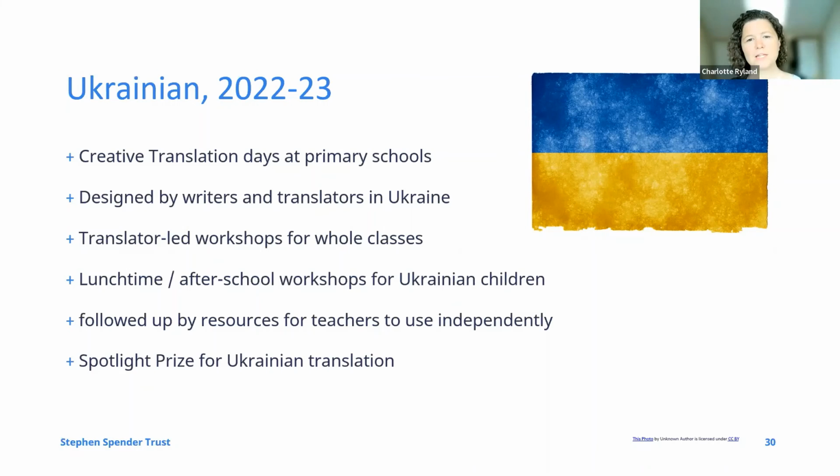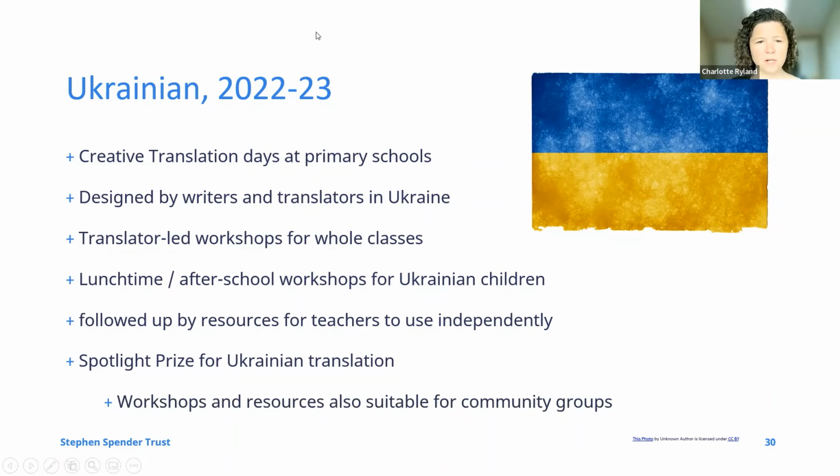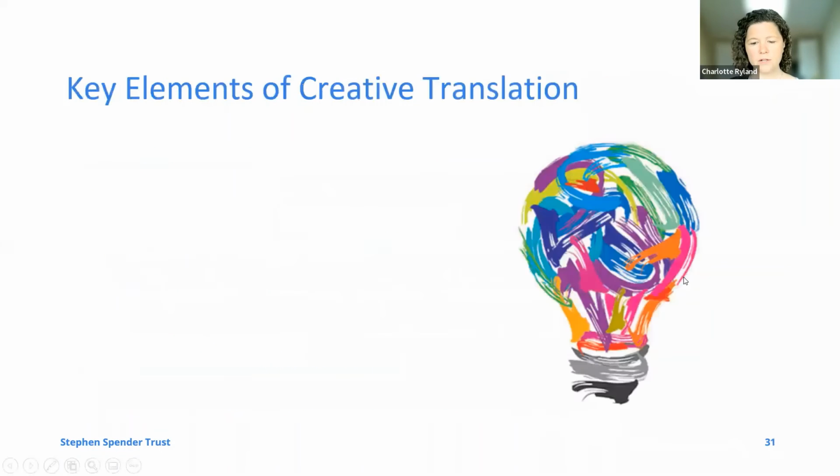We haven't made the final decision yet, but we think that our spotlight prize next year will be on Ukrainian, so that there will be the booklet that we talked about and the activities, and the prize for the winners, which includes cash and publication in our booklet and online. As I've said, these workshops are for schools initially, but the structure will be completely transferable to community groups, so families working together to translate.